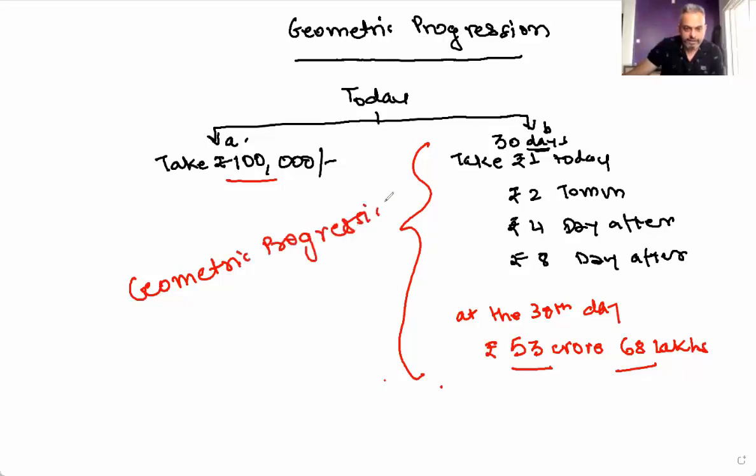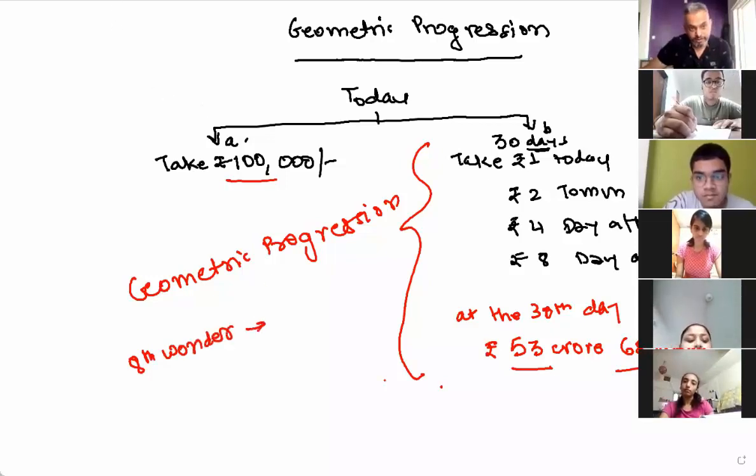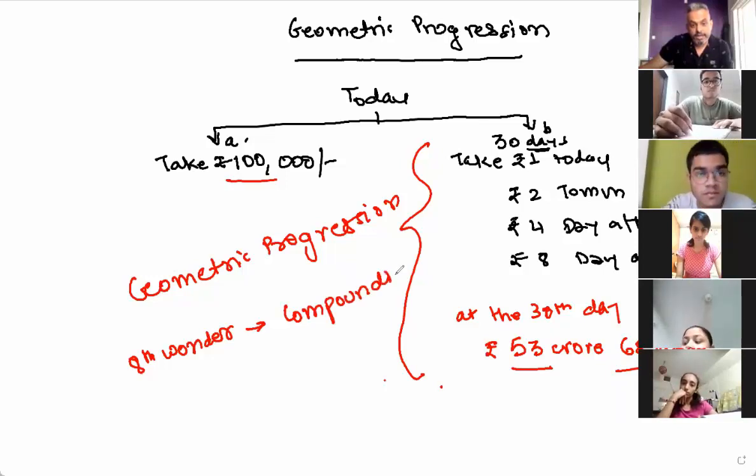It is said that the eighth wonder of the world, eighth wonder, पता है तुम्हें, one of the wonders is in India, that is Taj Mahal. The eighth wonder of the world is compounding. और ये compounding यानी क्या है? Basically compounding is nothing but geometric progression.